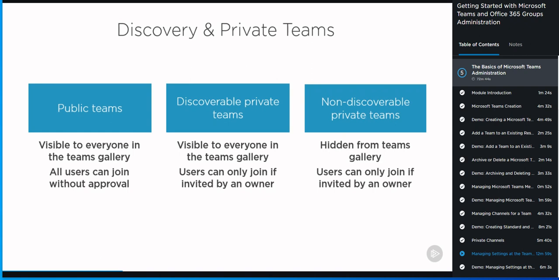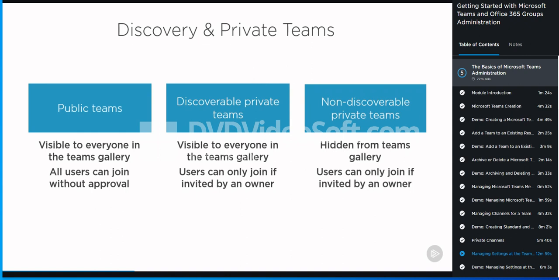Again, I can't show it to you in the demo, but on the team settings page, you will have the team discovery, which is only a checkbox that you'll be able to turn on and off if you want to turn on discoverability. And this again is a screenshot provided by Microsoft.